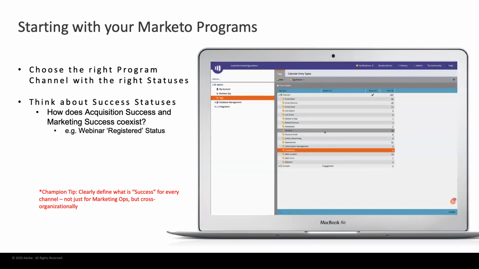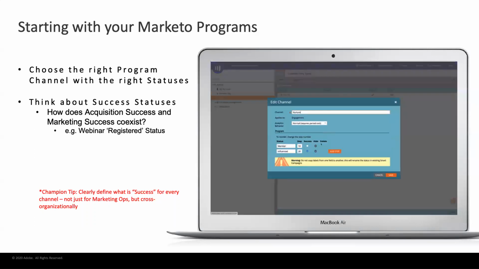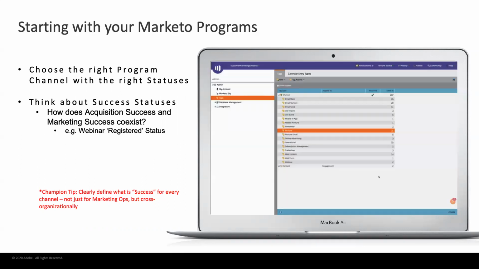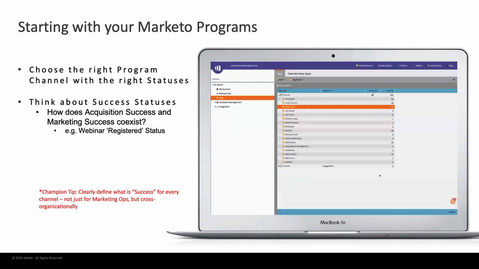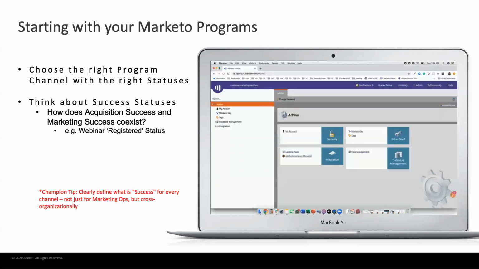It's important also to think about the relationship with your down funnel attribution on acquisition versus marketing success. And I think this can get a little interesting in some tools because they require a success or a response, as Salesforce would put it, in order to be included in certain attribution models.